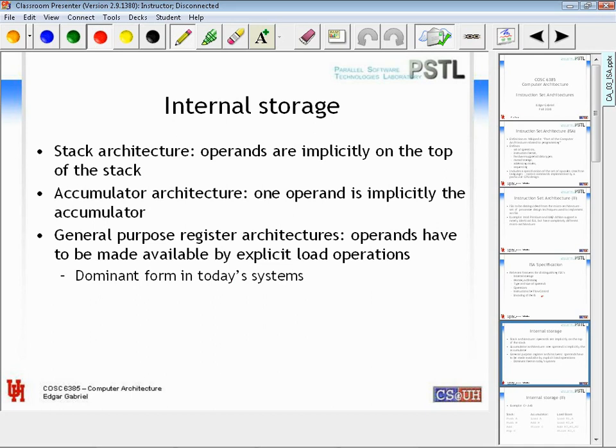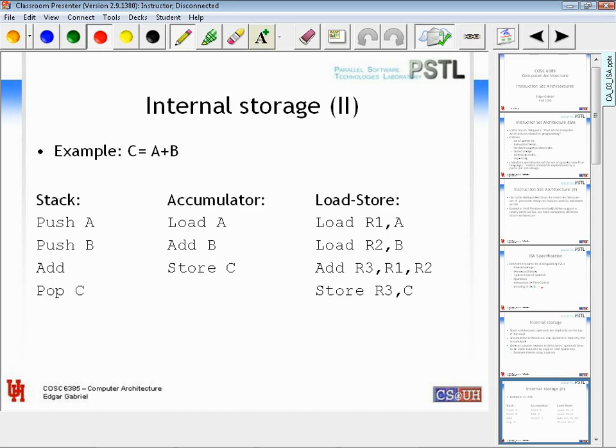However, if you once again look into the instruction set provided by the Intel x86 line, they do still have a small number of accumulator operations available. So to clarify the differences between these three approaches, let's have a look at what happens if you try to execute an operation such as C = A + B.